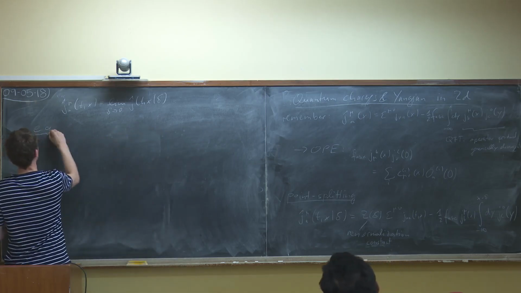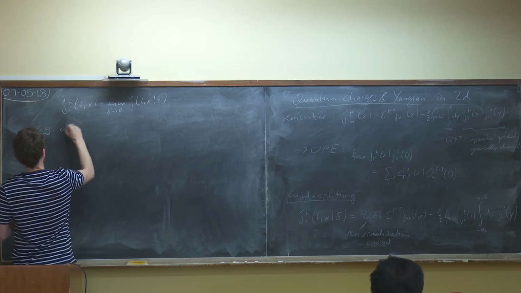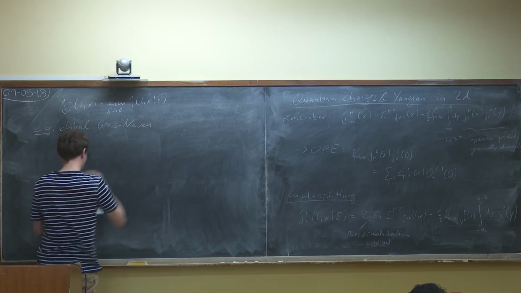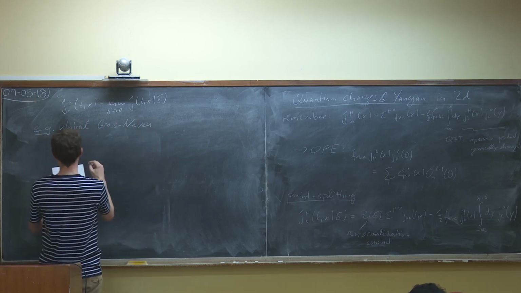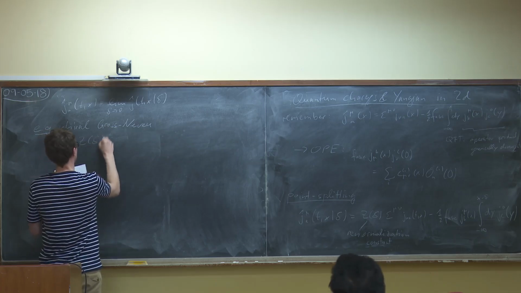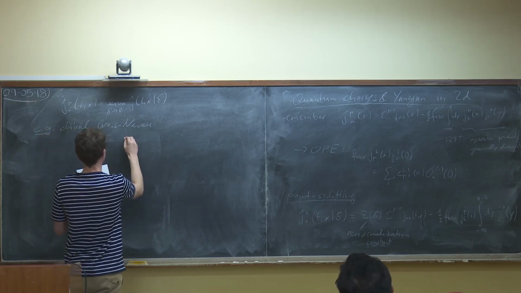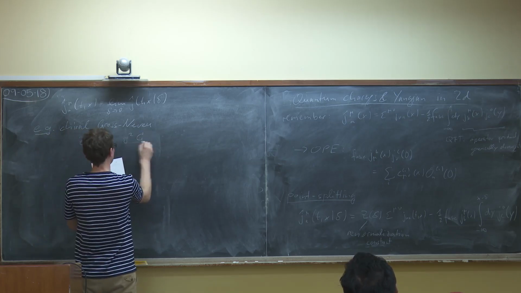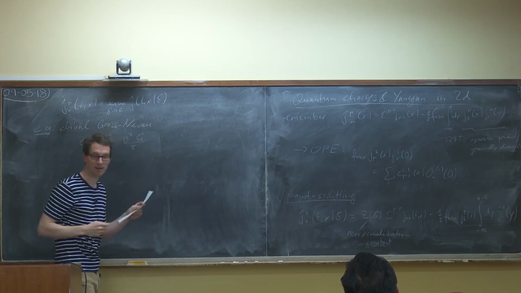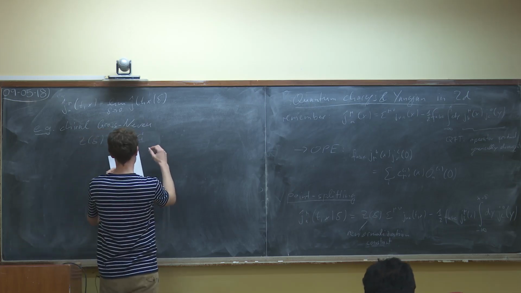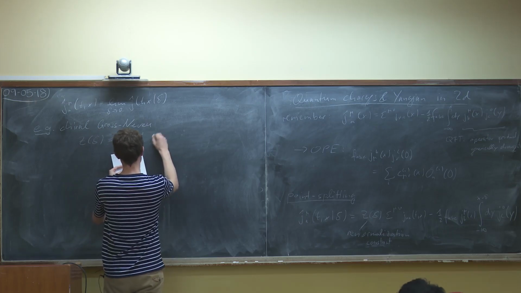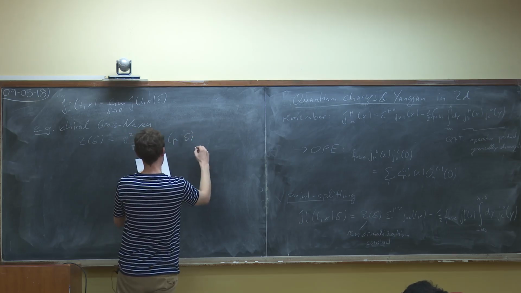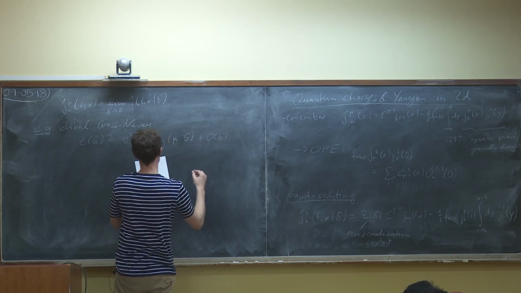For example, for the chiral Gross-Neveu model, my z of delta will be g squared times C, which is the Casimir of my SU(N) generators, times some log of mu times delta, plus terms of order delta.